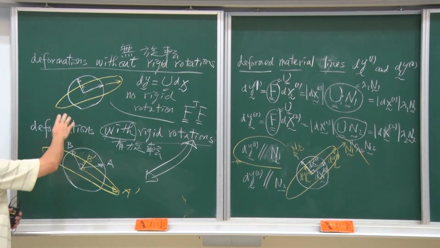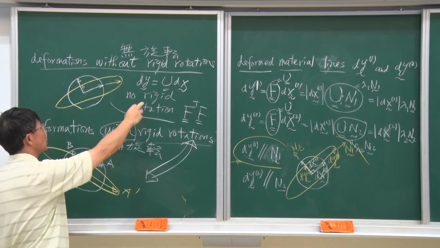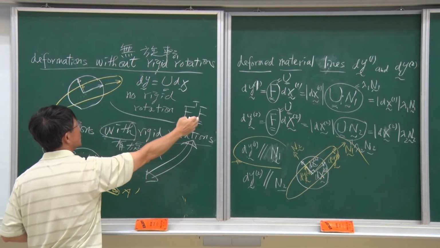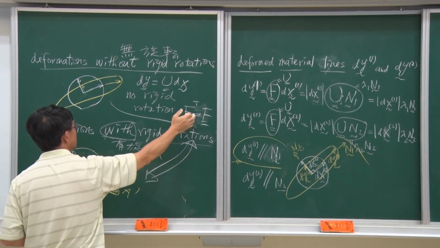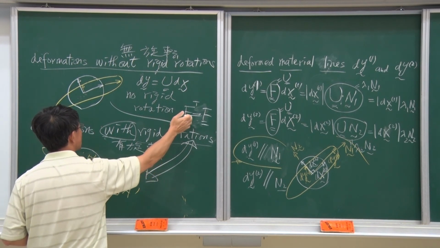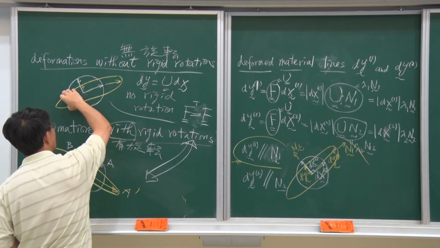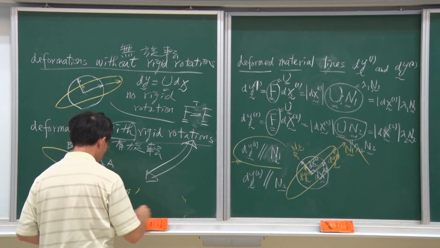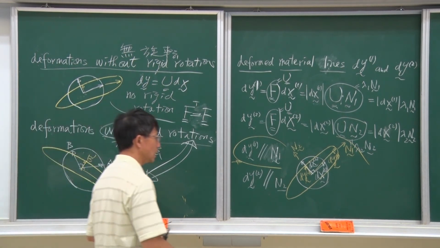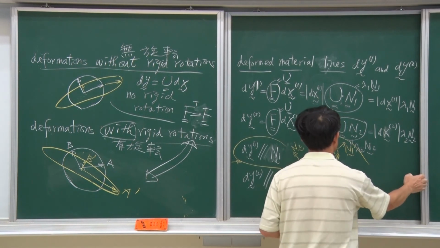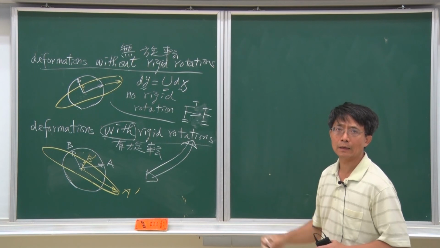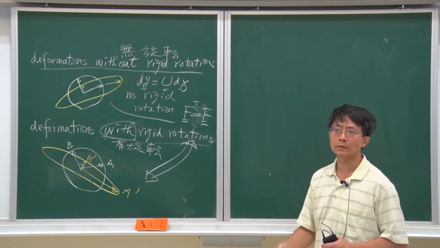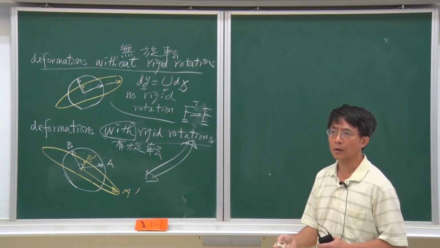If the deformation is symmetric, we have this kind of deformation, and there is no rotation. I want to write it down in sentences, in characters, such that you can understand it more clearly.